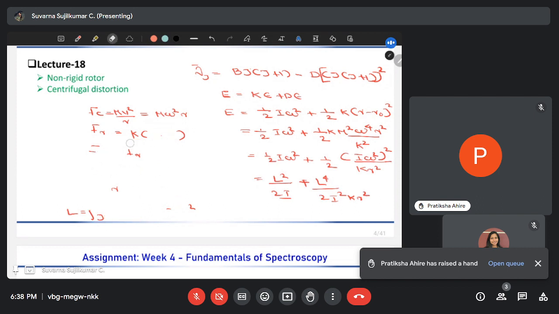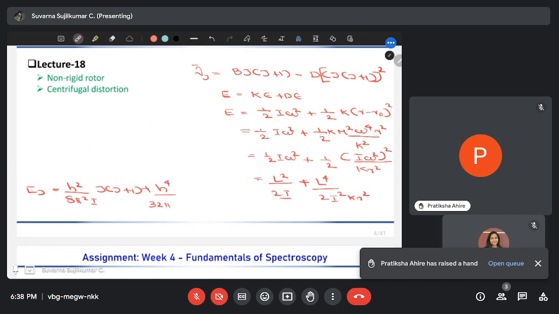Using this, we can arrive at an expression where Ej can be written as h square divided by 8 pi square I j into (j plus 1) plus h raised to 4 divided by 32 pi raised to 4 I square k j square into (j plus 1) the whole square.